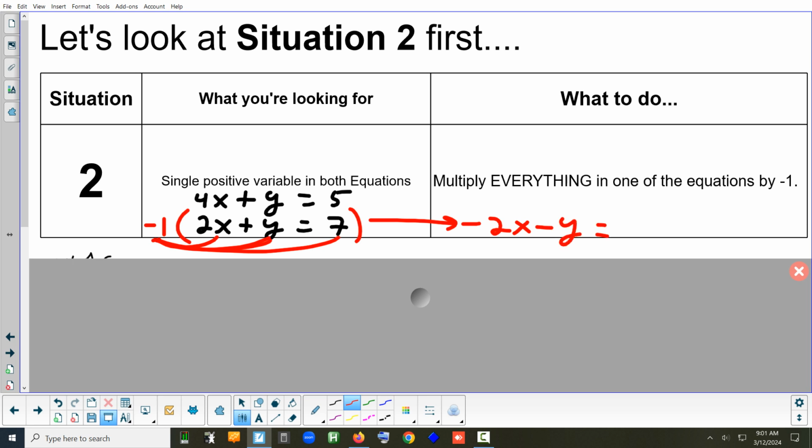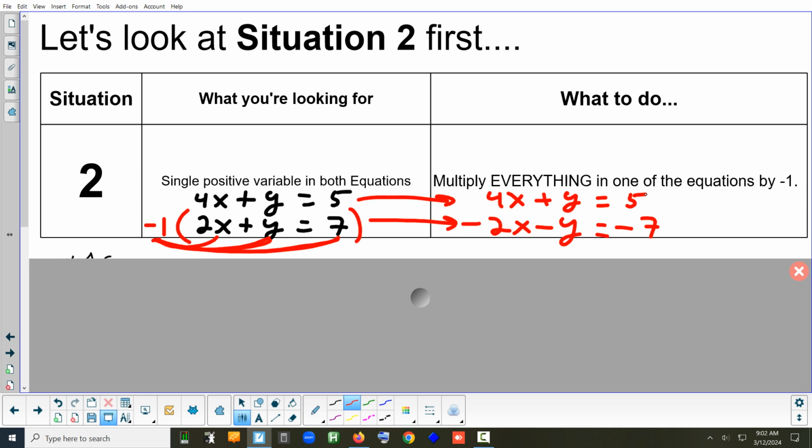And what about negative 1 times 7? Negative 7. Now, we didn't do anything to the top equation. So that one pretty much just gets copied over the way it is. 4x plus y equals 5.